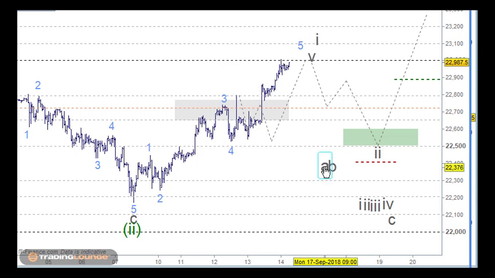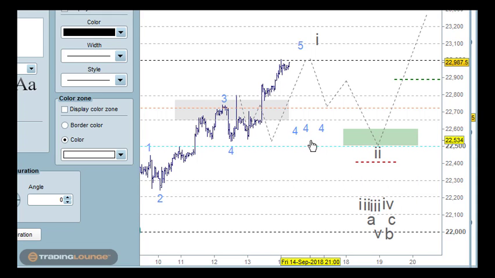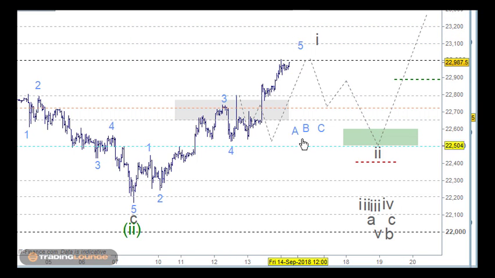Keep these here. Okay, and then we can look at these here. Once this high comes in here too, then you'll be able to measure the 61.8% retracement level back here again, if it pulls back, that's the thing.